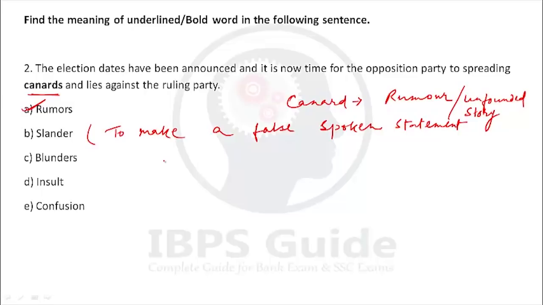So slander, and blunders, you know that blunders is a mistake, and insult is also a very common word, and confusion means puzzle. So our answer will be rumors. Option number A will be our answer.